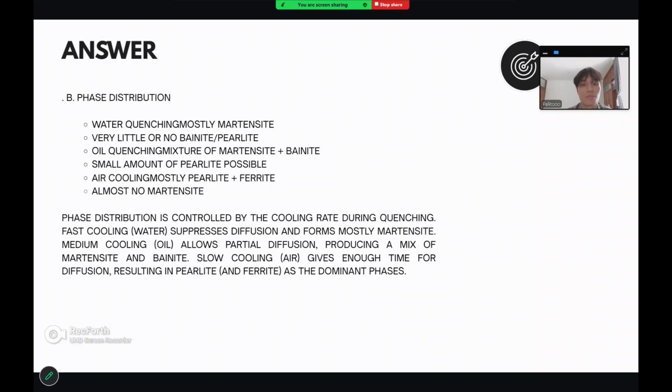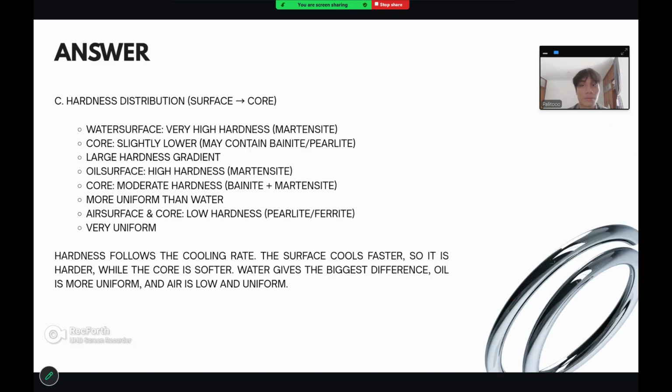Fast cooling with water suppresses diffusion and forms mostly martensite. Medium cooling with oil allows partial diffusion, producing a mix of martensite and bainite. Slow cooling with air gives enough time for diffusion, resulting in perlite and ferrite as the dominant phases.